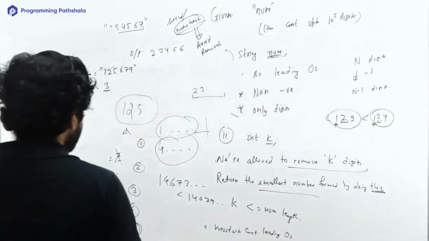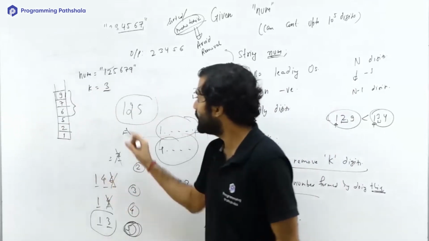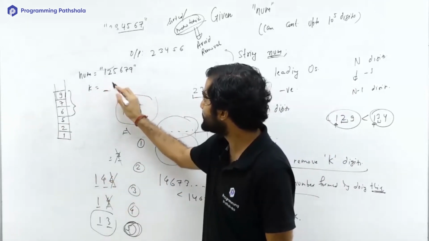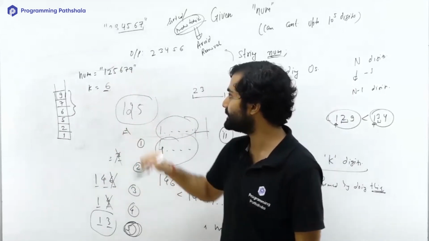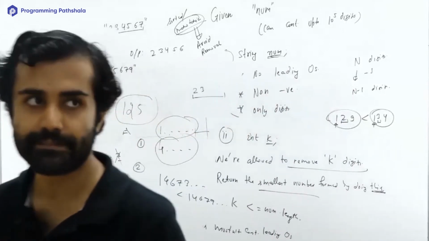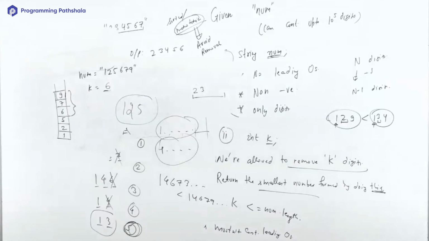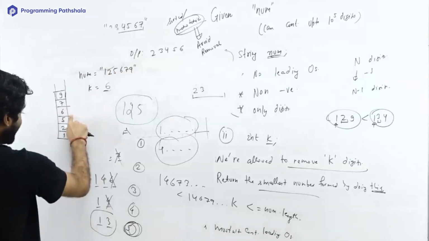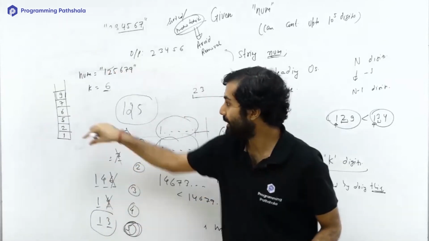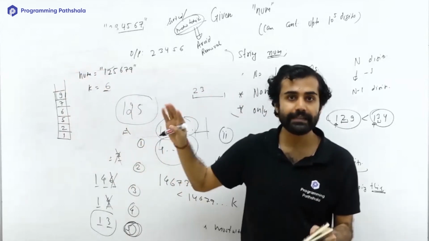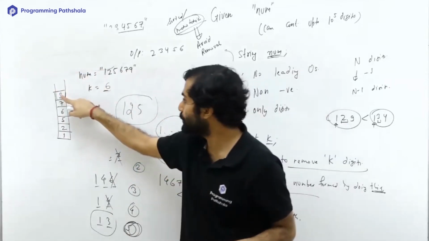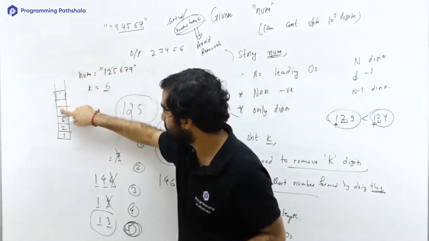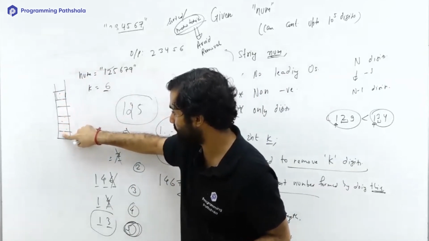Okay, let's talk about another case. Think if k was 6 in this case, then what would have been your answer? 0, right? Because you can just go ahead and remove everything. From a coding point of view, at the end you would have a stack like this, and if k removals are allowed, you would pop everything and your stack would become empty.